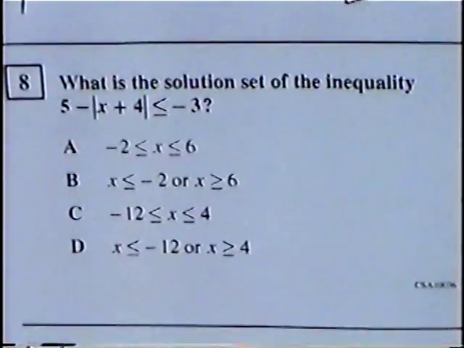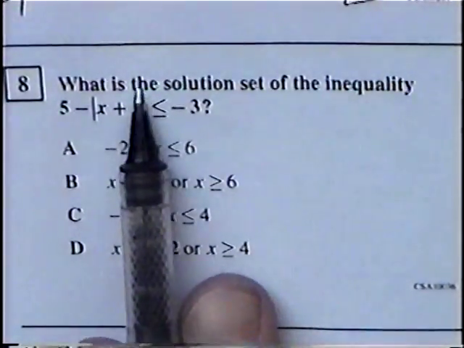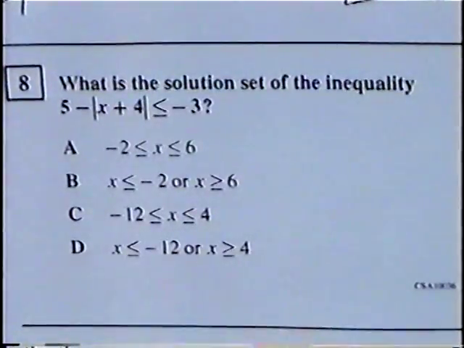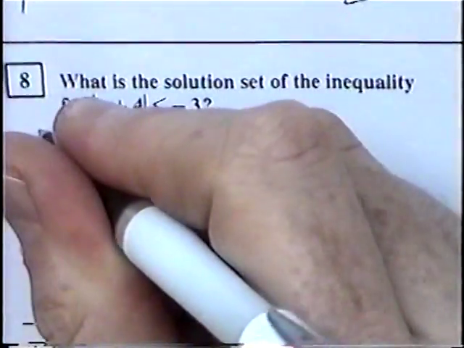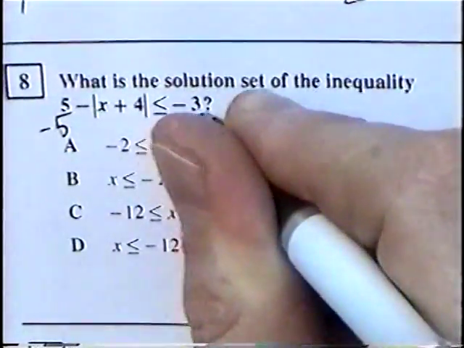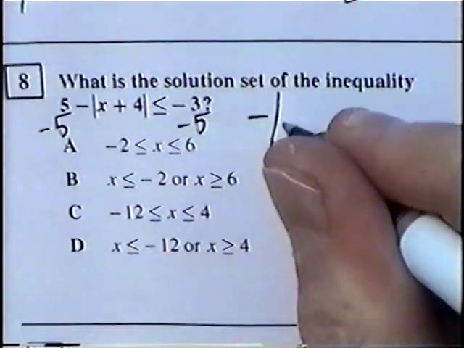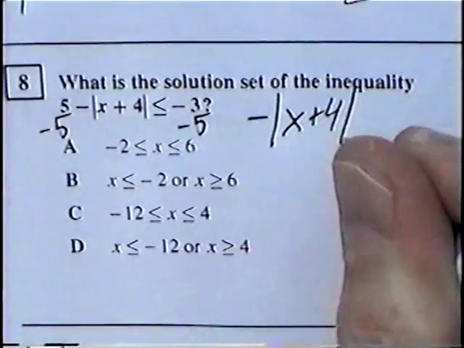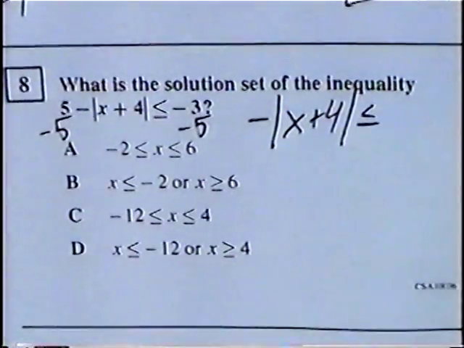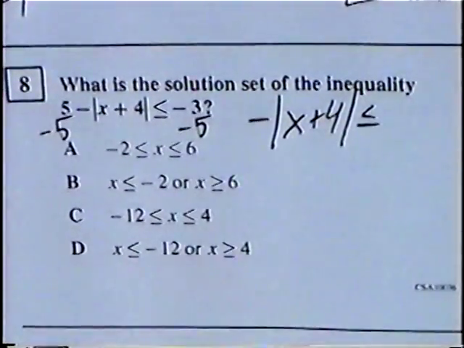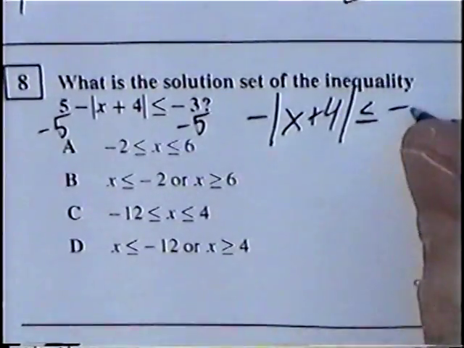To find the solution for the inequality, we can first isolate or get the absolute value by itself. The positive 5, we can move to the opposite side by subtracting 5. So we'll have negative absolute value of x plus 4 less than or equal to negative 3 minus 5, which would be negative 8.